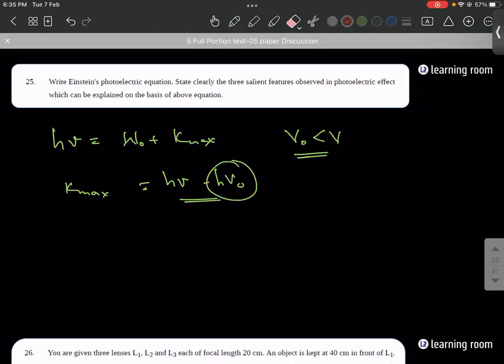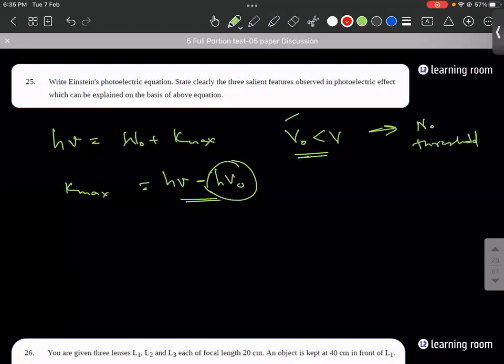Then there will be no photoelectric effect. Yes, because nu naught is less than nu means there is no threshold frequency. So when there is no threshold frequency, there is no photoelectric effect.